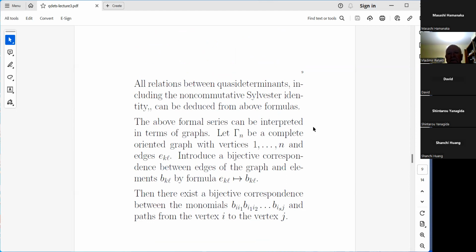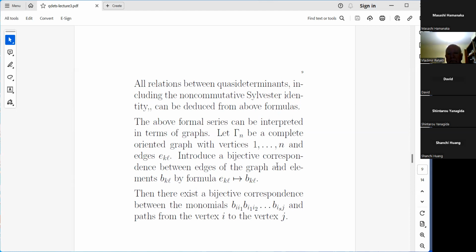But what is interesting is that the above formal series can be interpreted in terms of a graph. So I have a complete oriented graph with vertices 1 to n, and edges E_KL, which means this is the edge from vertex number K to vertex number L. Again, it's oriented.